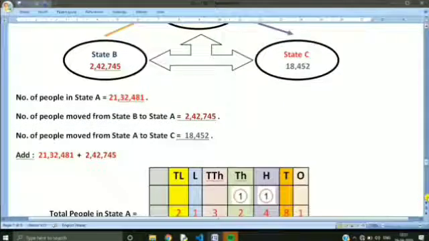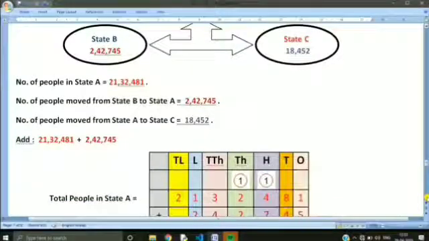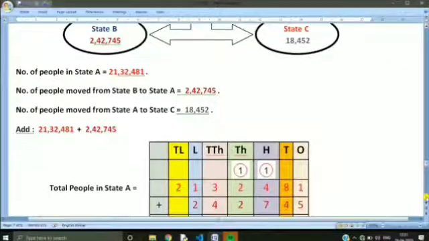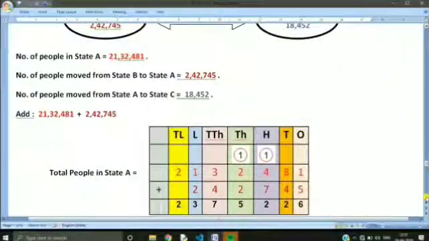So as discussed earlier, first we will take the total number of people in state A after the addition from the diversion, and now we will get the total value of that state.